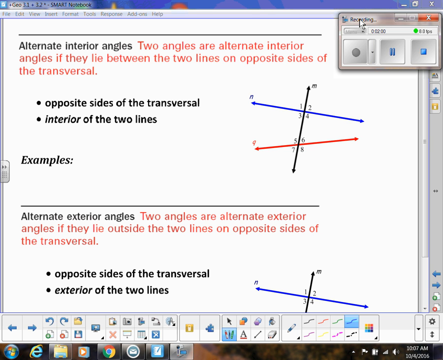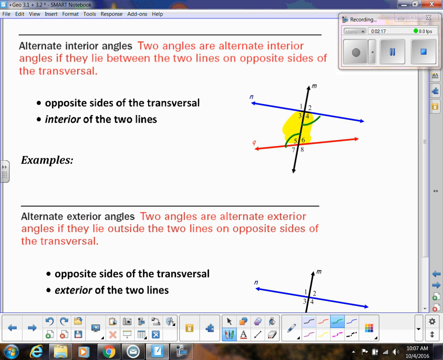So if I look at N and Q, all of these angles in here are in between those two lines. But when I'm talking about alternate interior angles, I'm talking about angles that are on opposite sides.